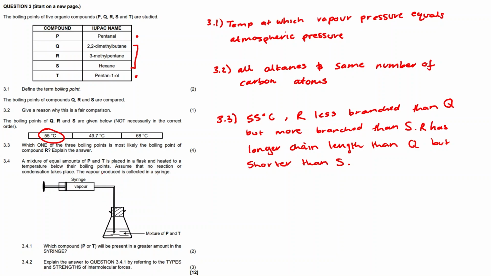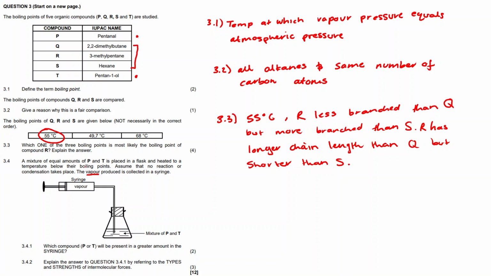Since the vapor is being collected in the syringe, and it is being heated to a temperature below their boiling points, whichever one has the lowest vapor pressure will be most likely to be present in the syringe. So, lowest vapor pressure means highest boiling point.